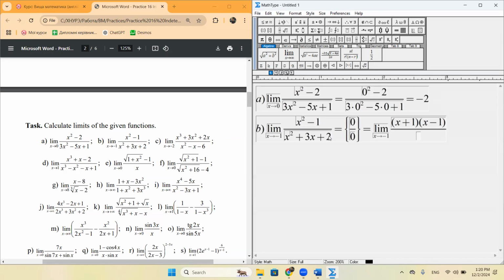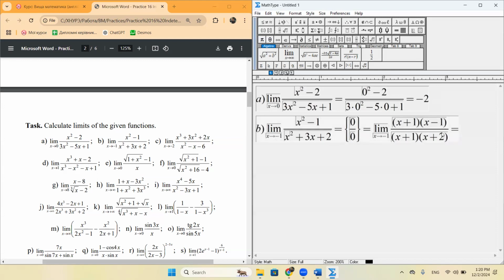Minus 1 and minus 2. So x plus 1 by x plus 2. Let me double check. So x in power of 2, 1 plus 2, so 3x and 2.